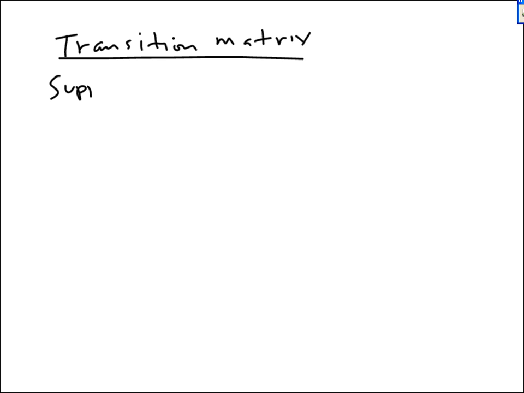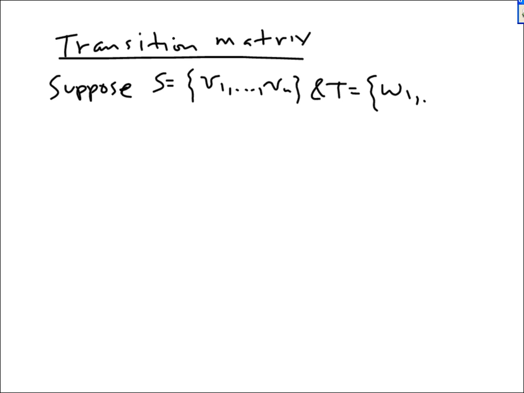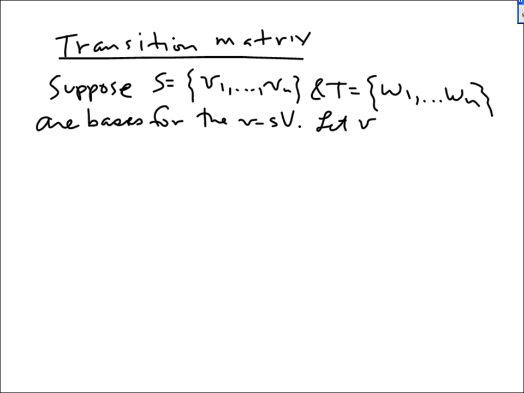We're going to have two bases for vector space V. Suppose S equals v1 through vn, and T, which is w1 through wn, are bases for the vector space V. Let little v be any vector in V.